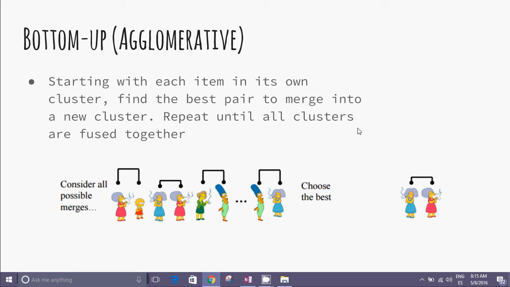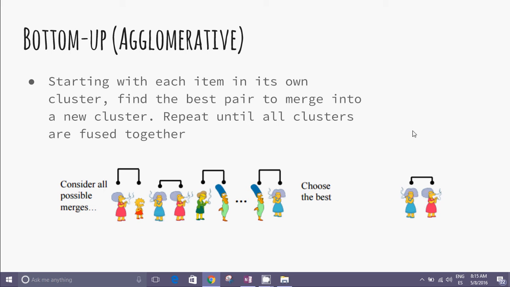The agglomerative strategy starts with each item in its own cluster, finding the best pair to merge into a new cluster, repeating sequentially until all clusters are fused together.